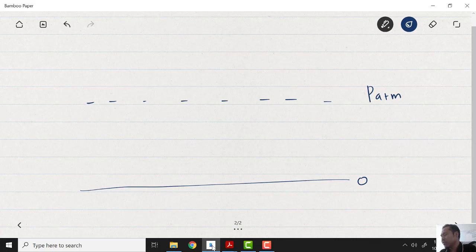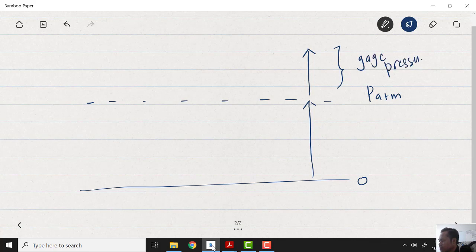If you measure a pressure starting from zero until you reach PATM, you get PATM. If the pressure goes above PATM, this pressure becomes gauge pressure. If you measure the pressure starting from PATM and above, you will get gauge pressure.